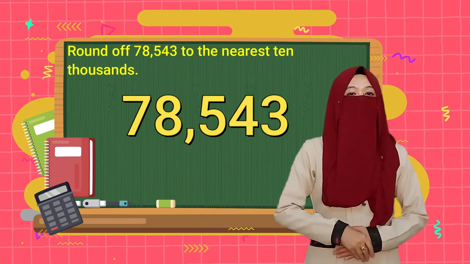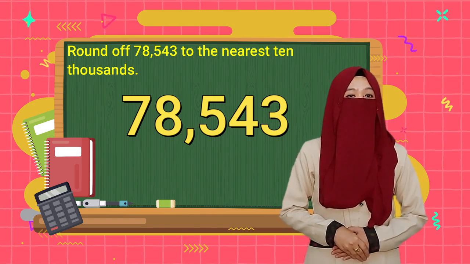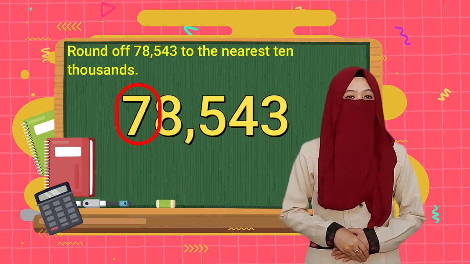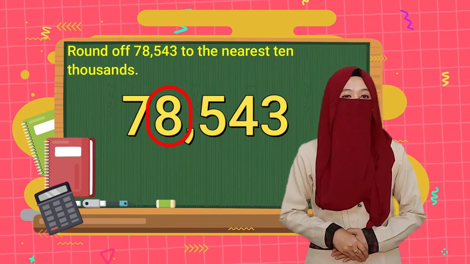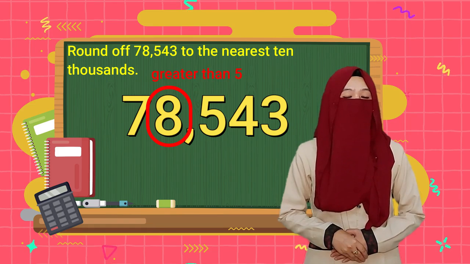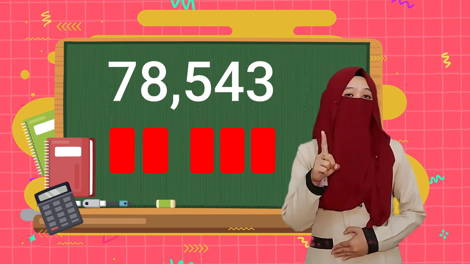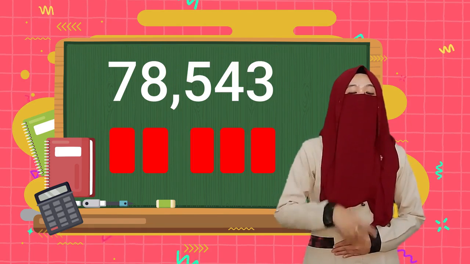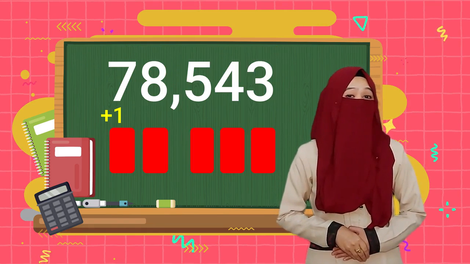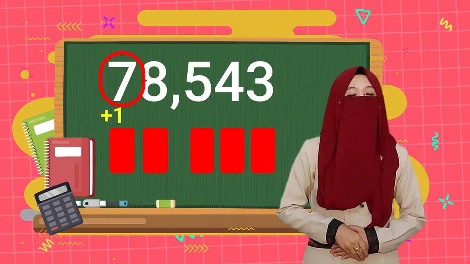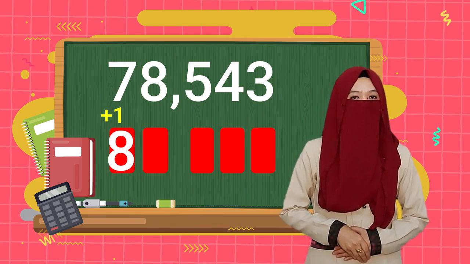The digit in the 10,000s place is the digit 7. The digit on its right side is the digit 8, which is greater than 5. Therefore, we have to add 1 to the rounding digit. This means the rounding digit 7 will become 8.